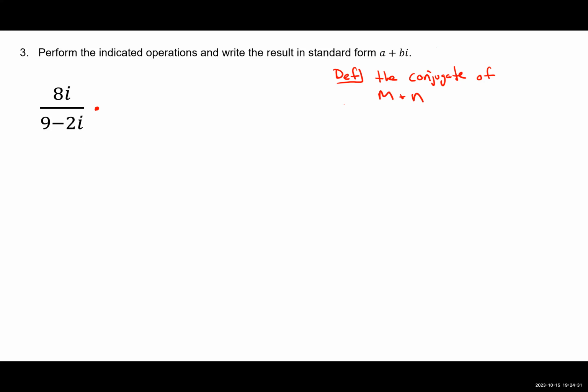They're connected with a plus sign. The conjugate of something plus something is, we just change the plus to a minus, m minus n. That's it. The conjugate of m minus n is m plus n. And so we want to multiply by the conjugate of the denominator.